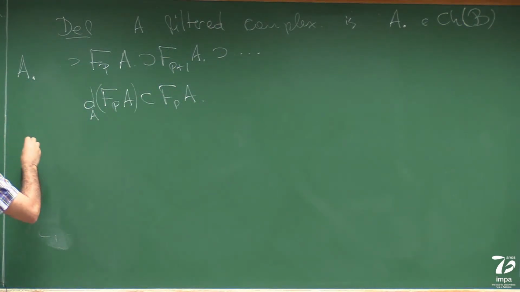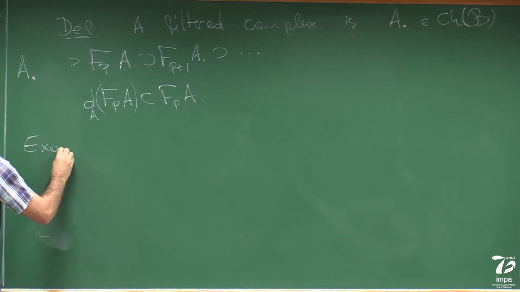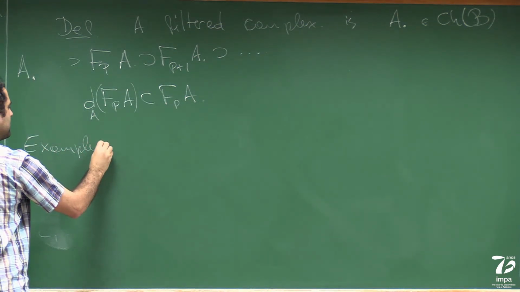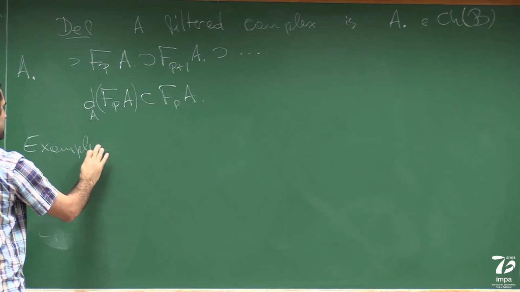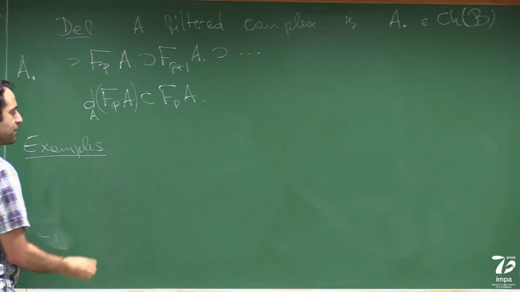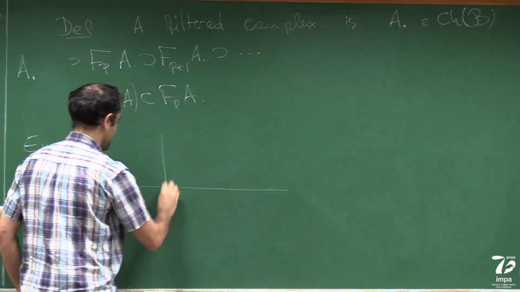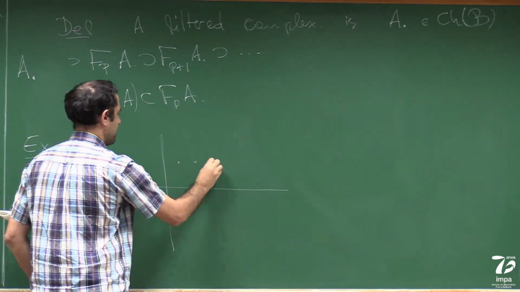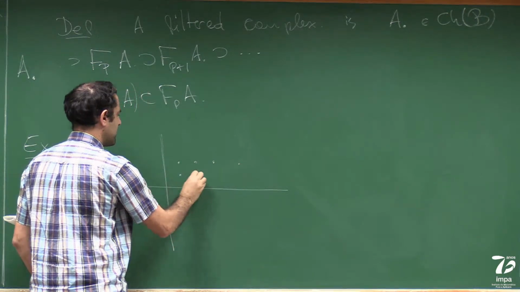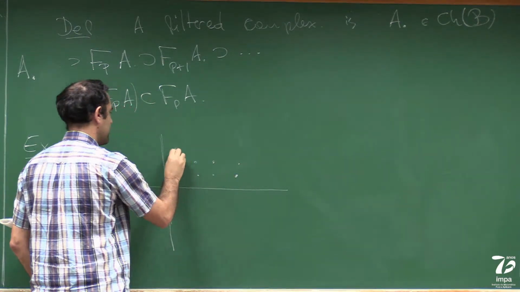So, examples of filtered complexes. These are essentially all the examples we'll need. Suppose that you have a double complex. And these are cochain complexes, so the differential increases degrees.